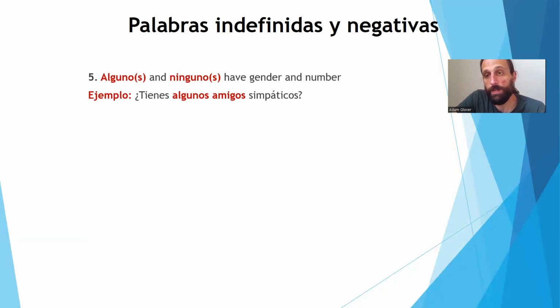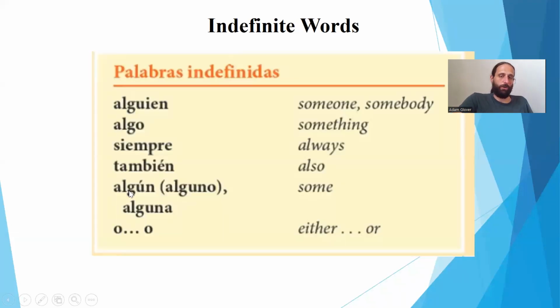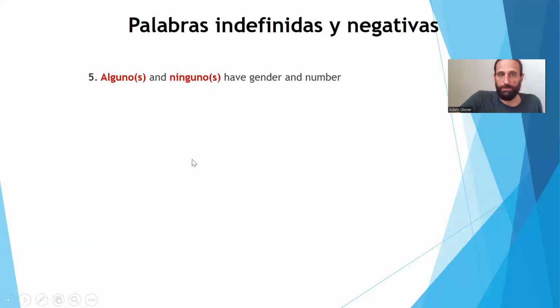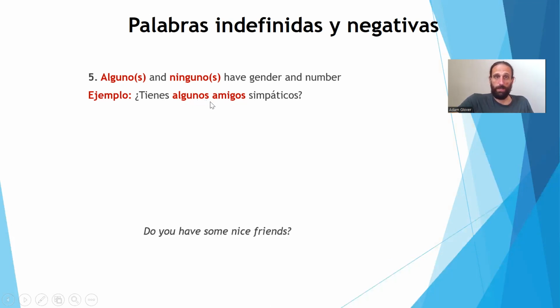Oh, sorry. Before we look at the examples, this is a really important point. I almost overlooked it. The negative and indefinite words algún and ningún are adjectives, which means they have gender and number. So for instance, if I say, ¿tienes algunos amigos simpáticos? So amigos is plural and masculine. So algunos also has to be plural and masculine.